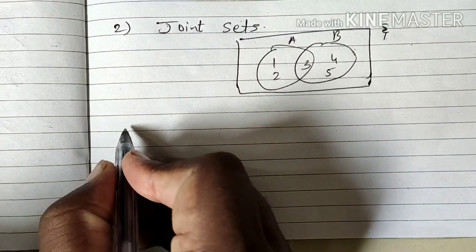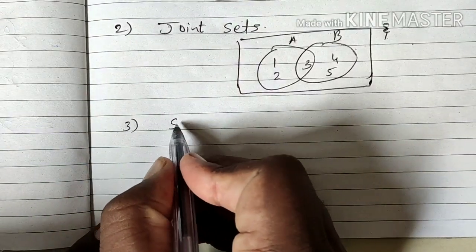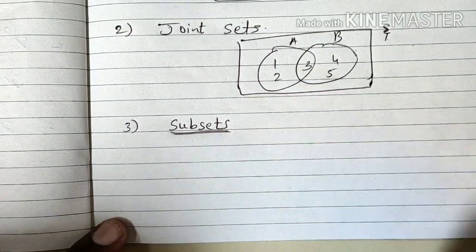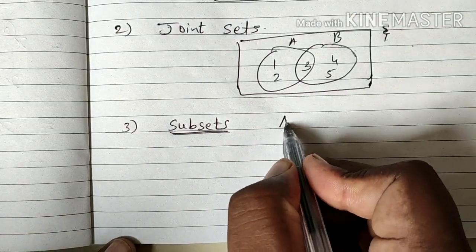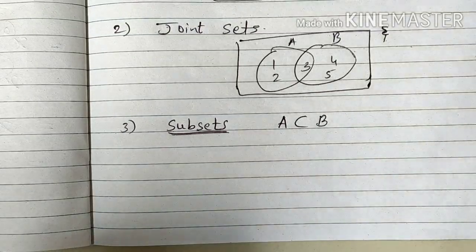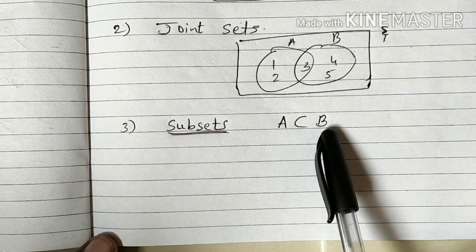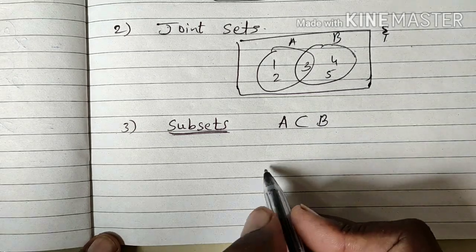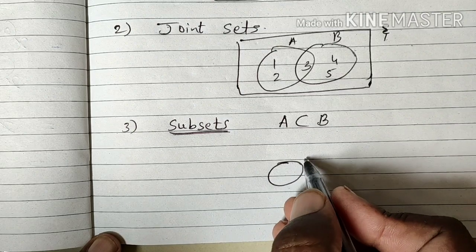Then relation of the subset. In case we want to represent A is a subset of B, it means what? All the elements of A must be present in B. That means set B will be the greater set. So we can represent it in this way.